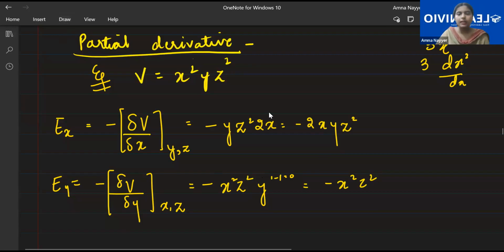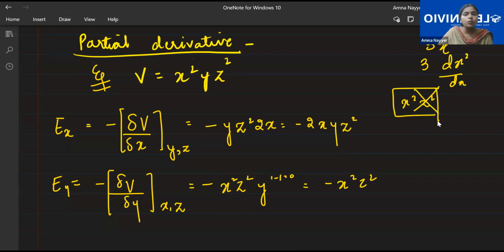Yes, ma'am. See, x square and z square are constant, so they are taken out. What are we left with? Y. When you differentiate dy over dy, what is it? 1. Second way is that y to the power 1 is there.